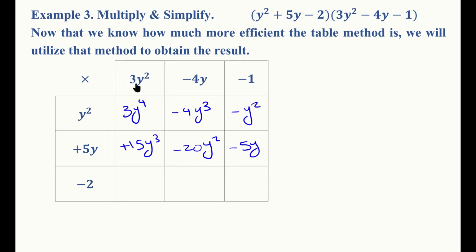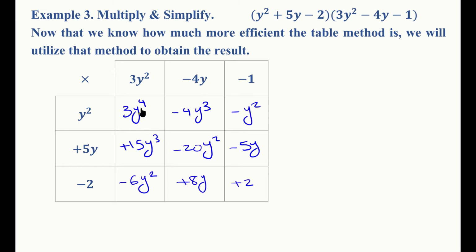Negative 2 times 3y squared is going to give us negative 6y squared. Negative 2 times negative 4y is going to give us positive 8y. And negative 2 times negative 1 is going to give us positive 2.